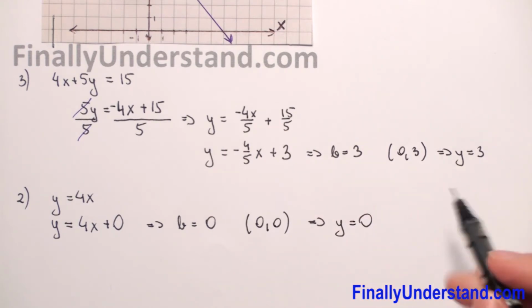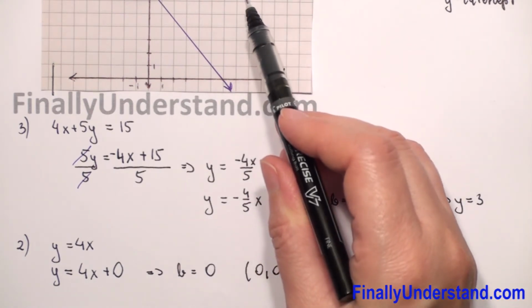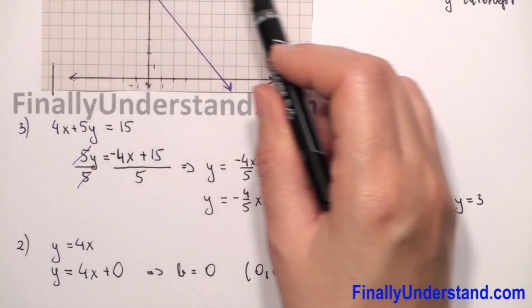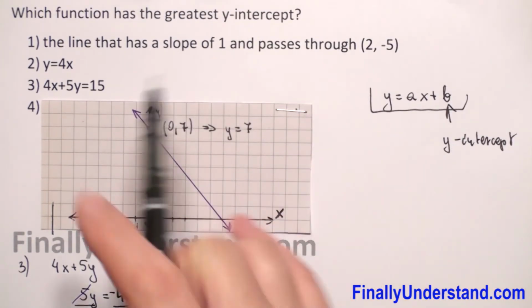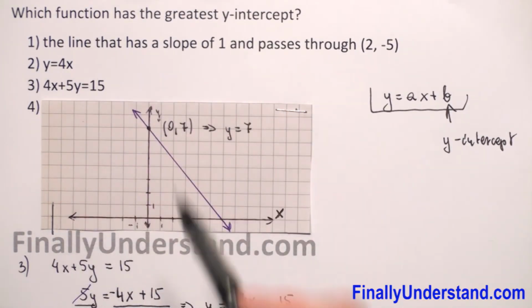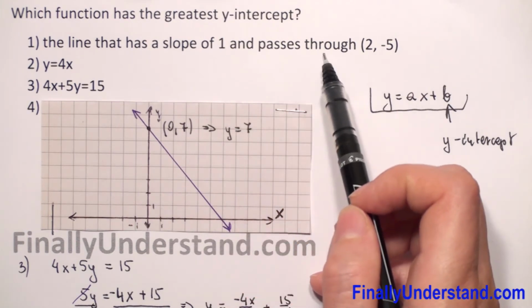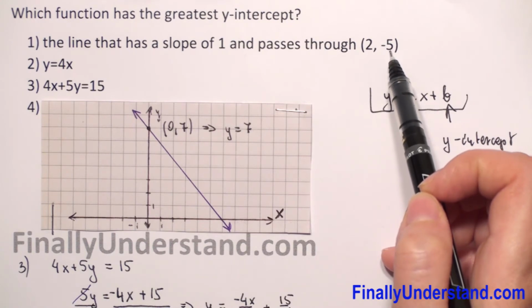So we have the values y equals 0, y equals 3, and y equals 7. Until now, the greatest value is 7. Let's check the first function. We need to check the first: the line that has a slope of 1 and passes through point (2, negative 5).